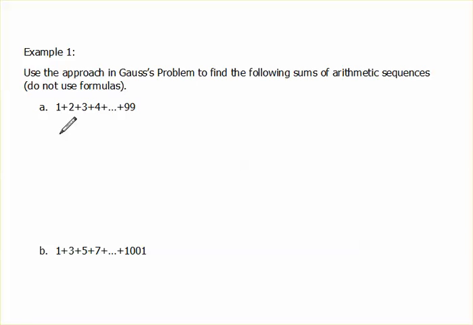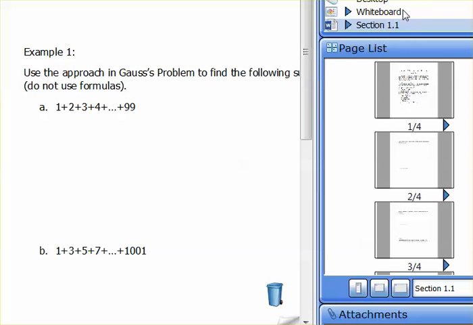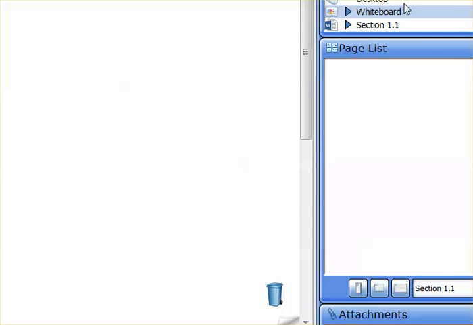Now, second of all, we need to know what Gauss's problem is so that we can follow that and understand the logic behind that. So let me bring up a blank page and let's talk about what that means. There was a guy a long time ago named Carl Friedrich Gauss, who went to a school where at the time they didn't have paper and pencils.